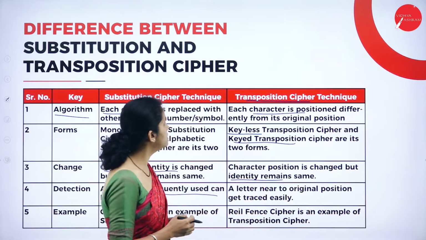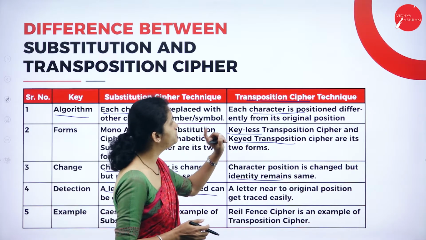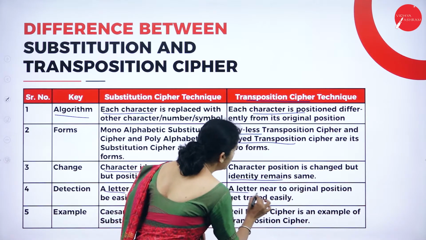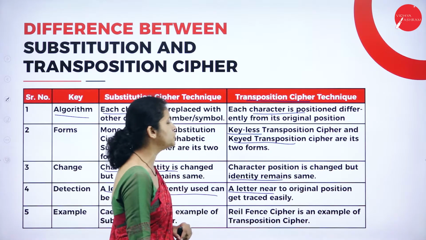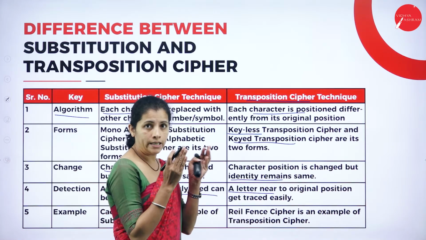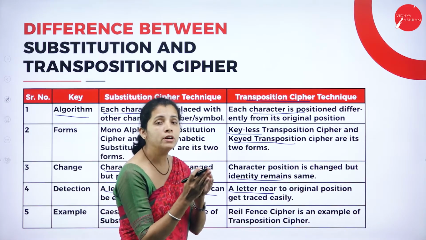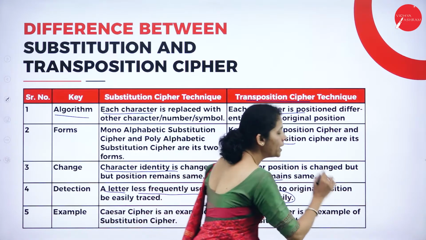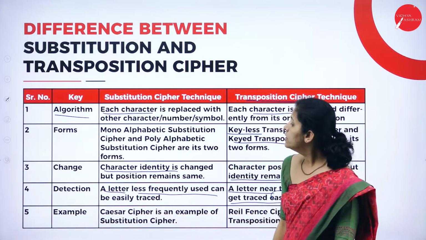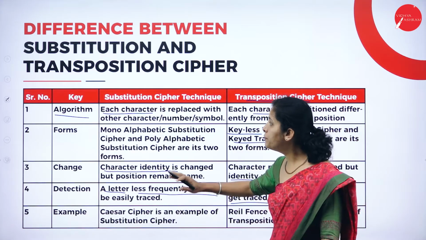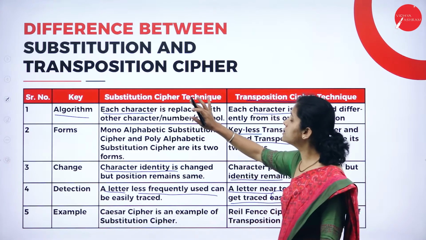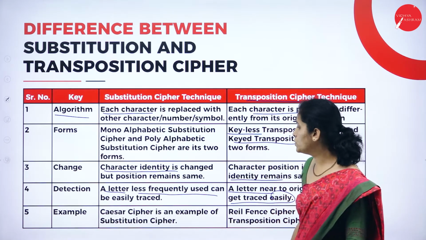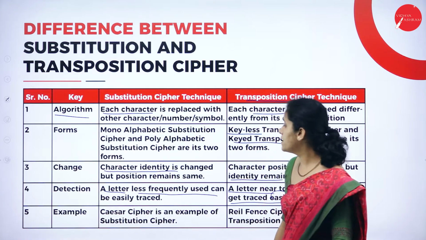In the transposition cipher technique, a letter near to its original position can be traced easily. Now, an example for the substitution cipher technique is the Caesar cipher.